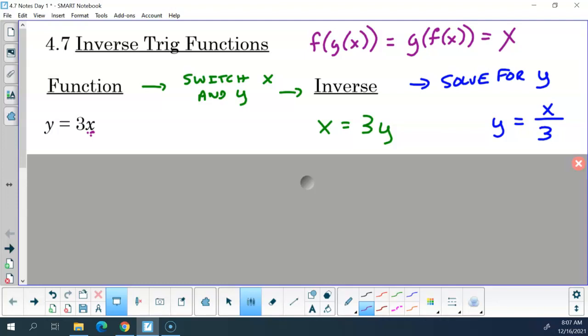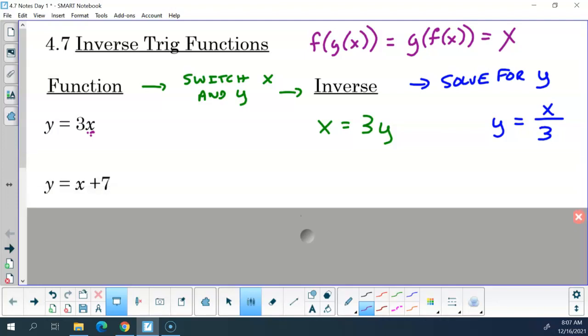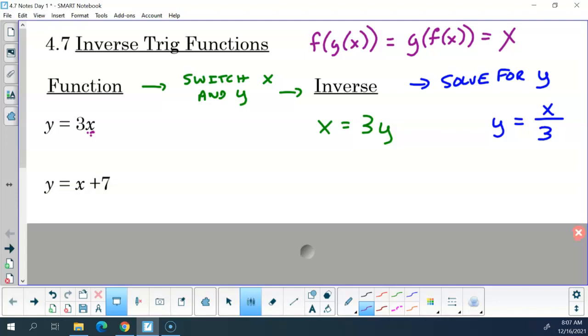Let's try another one. Walk me through it. Y equals x plus 7. Swap x and y. So what's it going to look like?